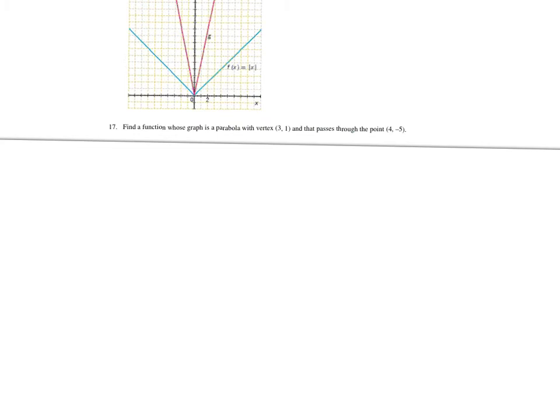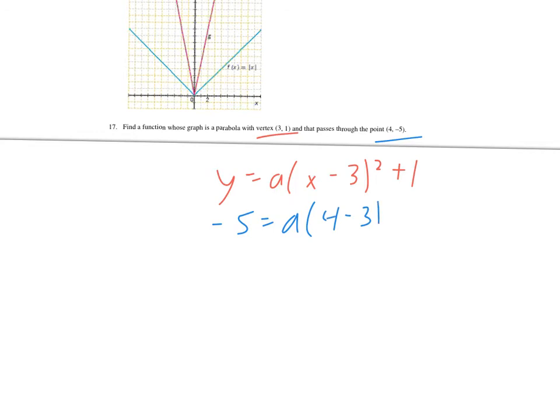All right, this one says find a function. Its vertex is right here, so I'm going to just write my vertex form, a times (x minus 3) squared plus 1. I left a as a variable because I don't know what it is, so I'm going to grab this other point and plug that in for x and y, and we're going to use that to find a. So then this is 1 squared, so that's 1.